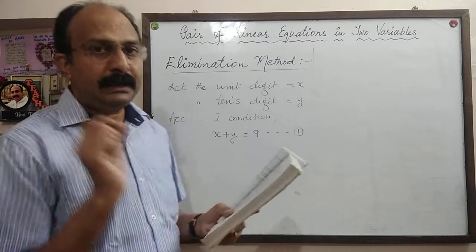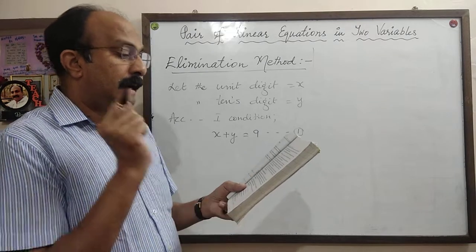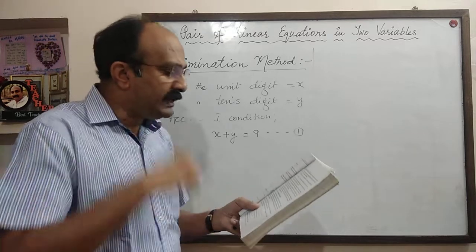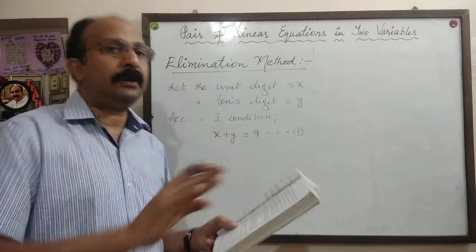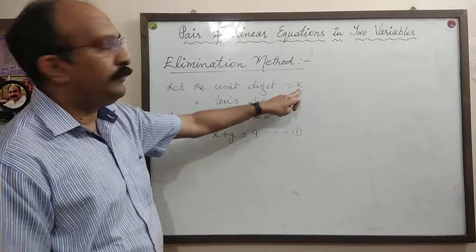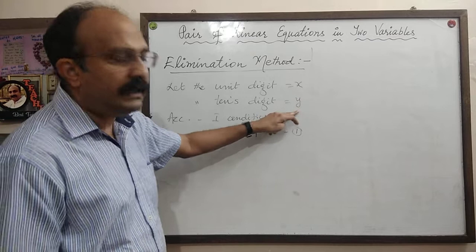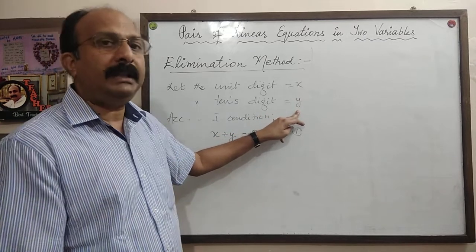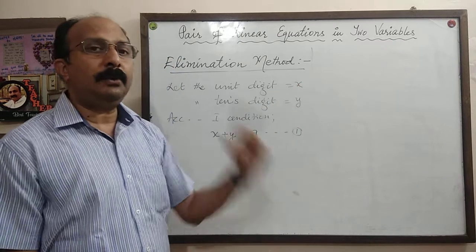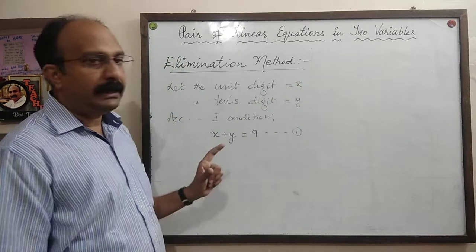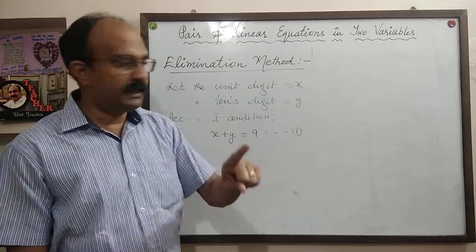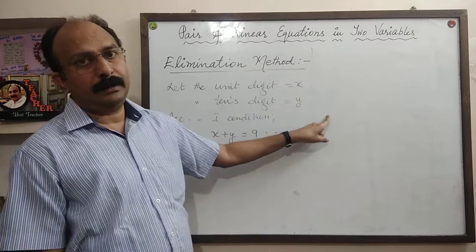Second condition is to be taken very carefully. 9 times this number is twice the number obtained by reversing the order of the digits. Let's see. If the unit digit of a number is x and the tens digit is y, what will be that number? You might have studied in smaller classes how to make the number from the digits. The number is made unit digit into 1 plus tens digit into 10.